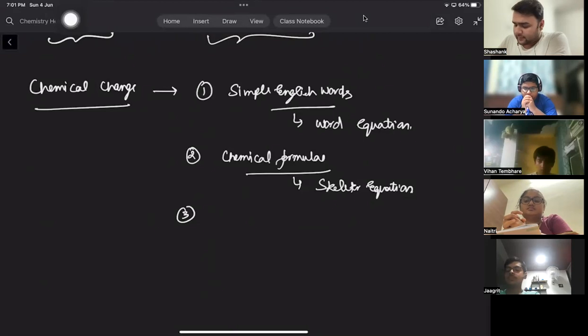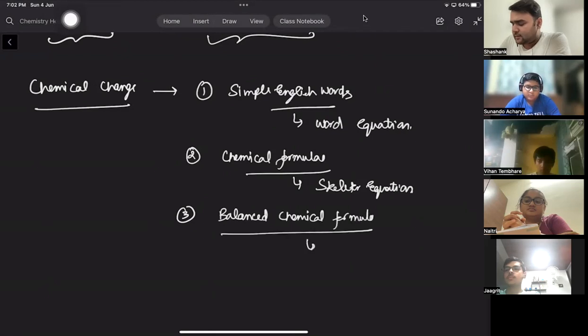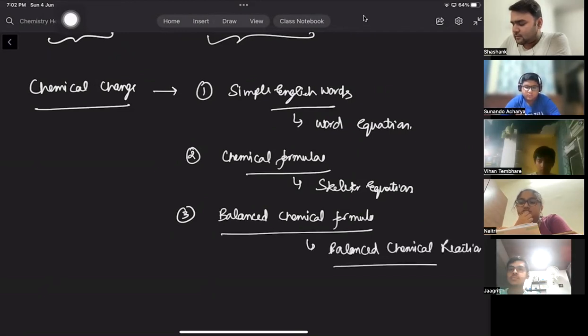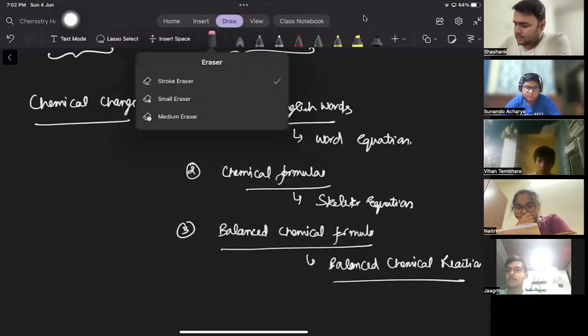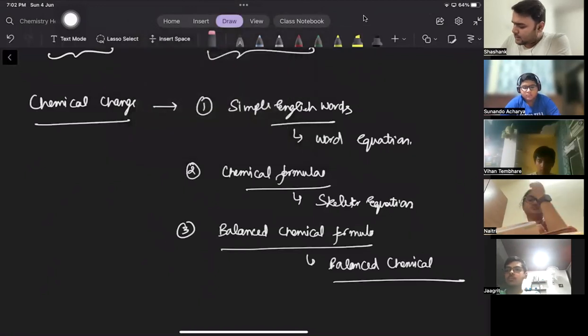So we call that, if it's a balanced chemical formula, this is your balanced chemical reaction, or let's put it more nicely, this is your balanced chemical equation.